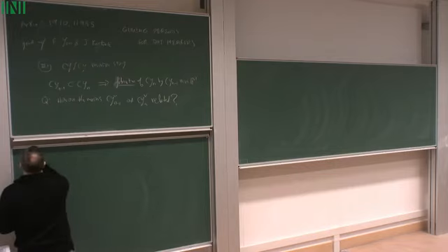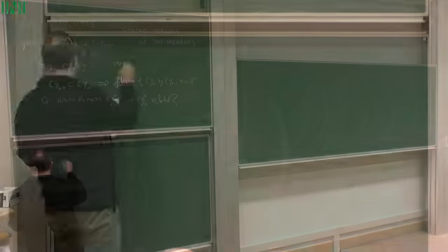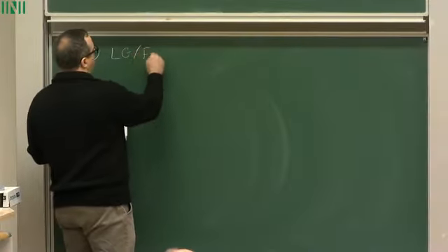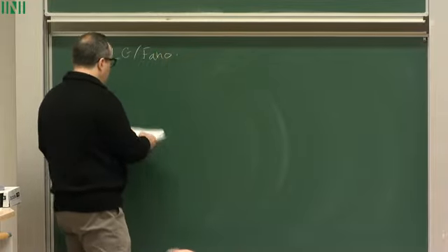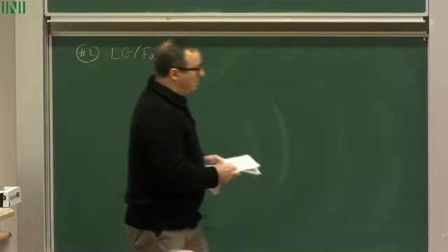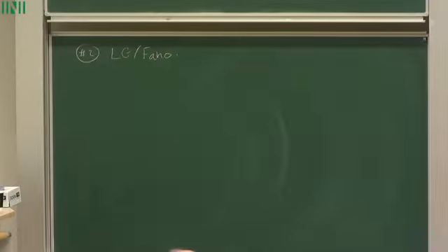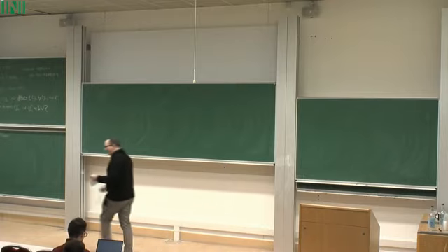The second motivation comes from the Landau-Ginzburg-Fano mirror correspondence. Now, at dinner last night, Alan ribbed me for not actually giving technical definitions in my talk. So I'll give the technical definitions today.